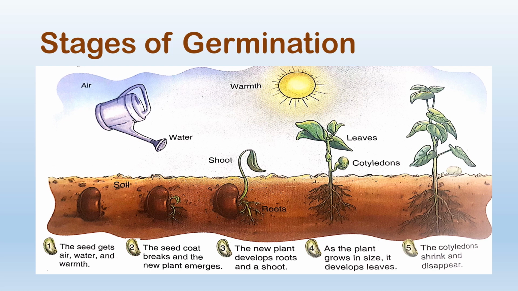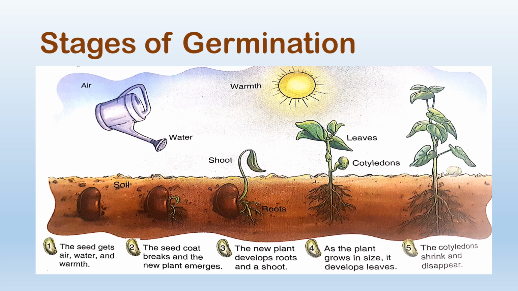Further, the shoot grows from the plumule towards the sunlight. In the third stage, the roots and the shoots develop well. Till now, the stored food, that is the cotyledon, provides nutrition to the embryo or the baby plant.